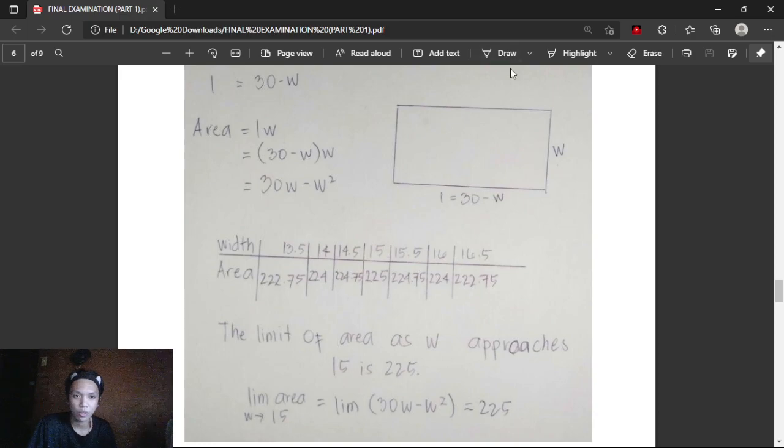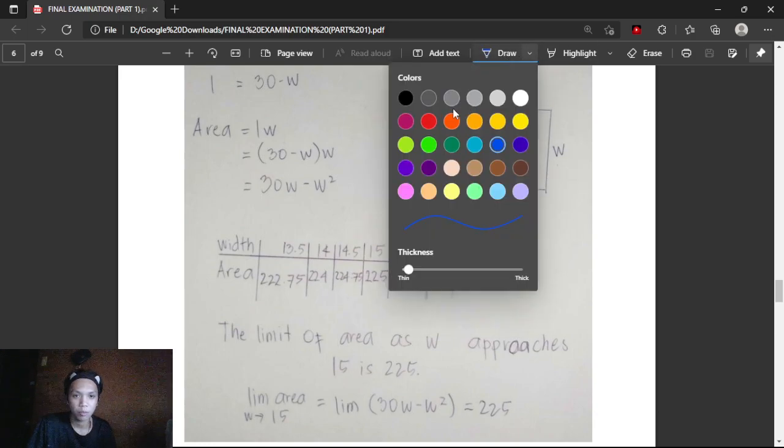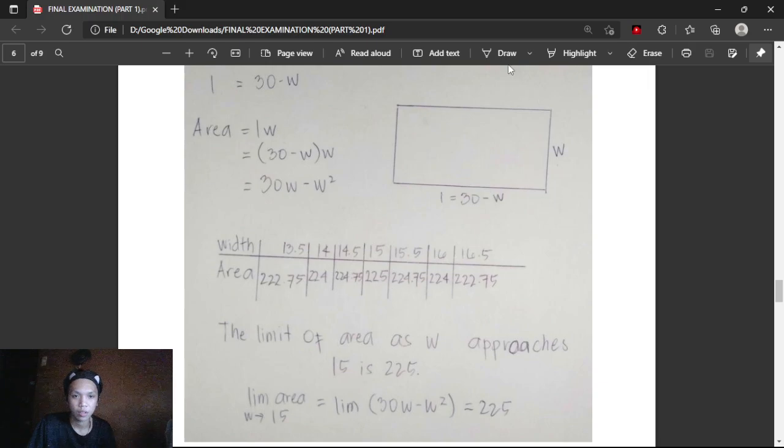So it will be 15, and 225. So let's multiply 15 times the width of 13.5, and then minus 13.5 squared. So the answer is 22.75.